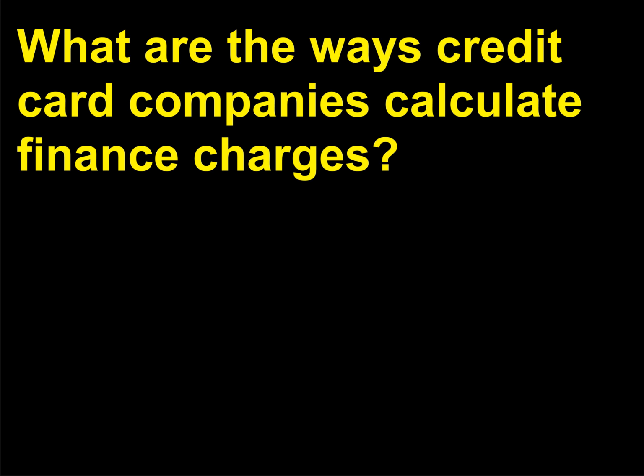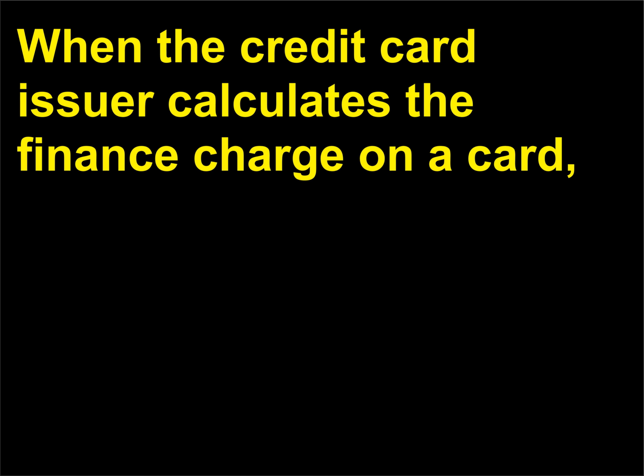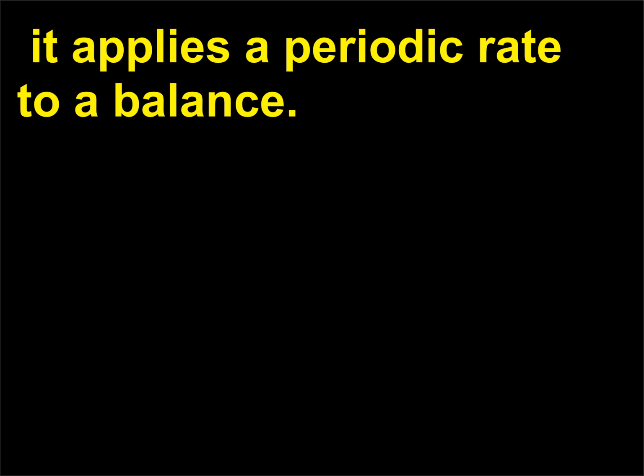What are the ways credit card companies calculate finance charges? When the credit card issuer calculates the finance charge on a card, it applies a periodic rate to a balance.